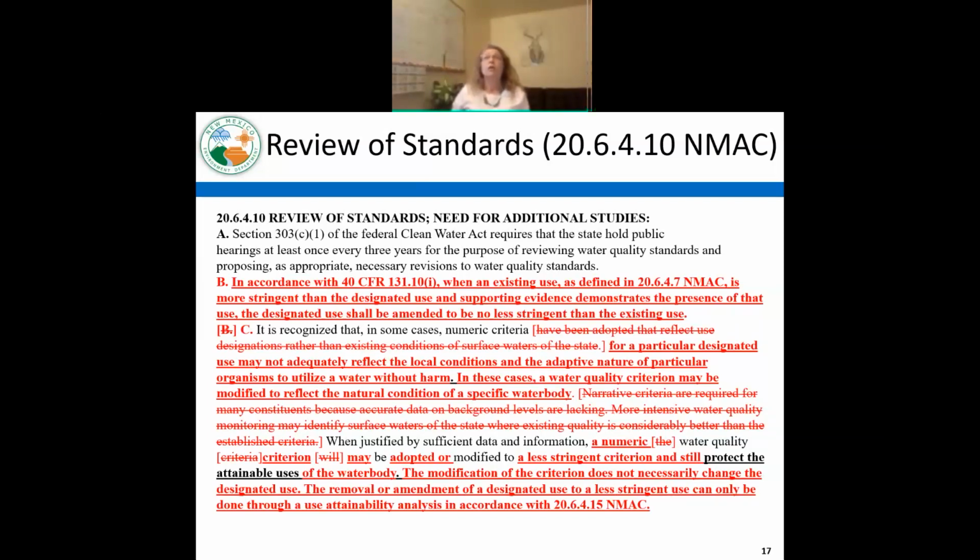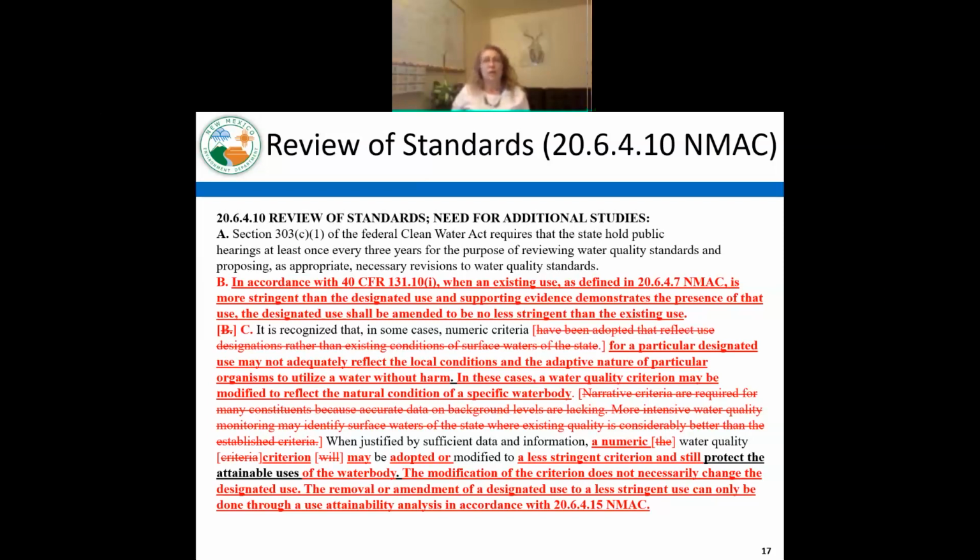20.6.4.10 NMAC. So as shown here on the slide, and as you can find on the Surface Water Quality Bureau's webpage, these amendments highlighted in red are intended to add clarity in implementing a water quality standard amendment. We're proposing to do this by adding a new subsection, as shown here as subsection B, and amending subsection C. This language is intended to clarify the required process for amending a designated use where the existing use is more stringent.